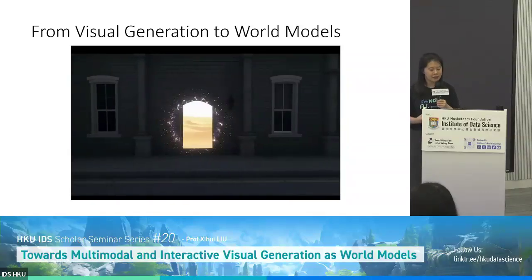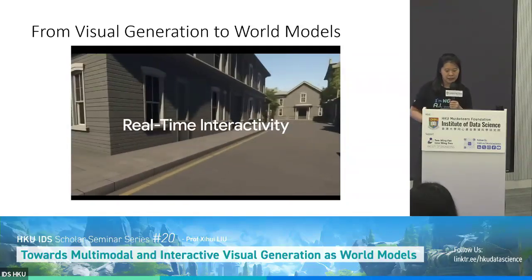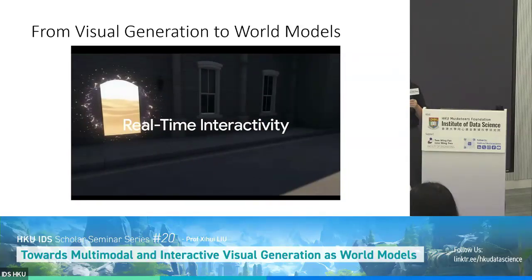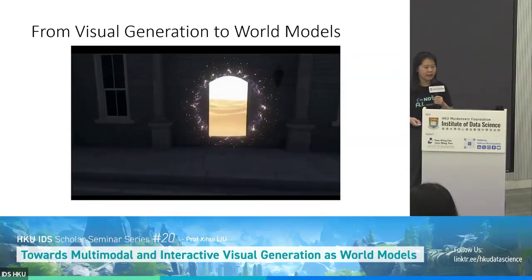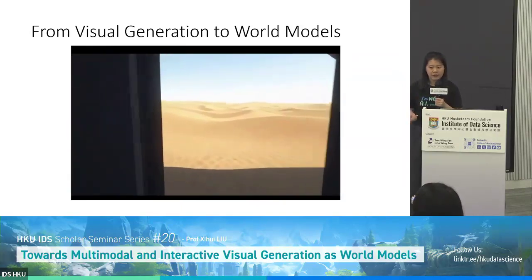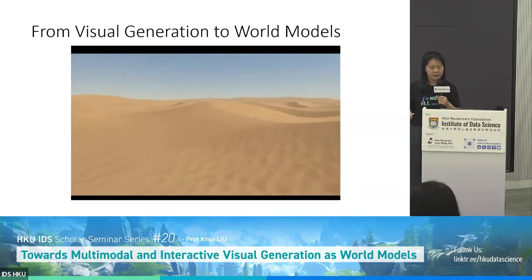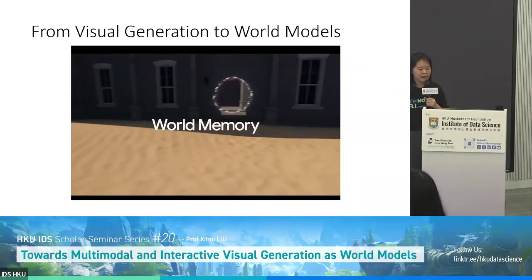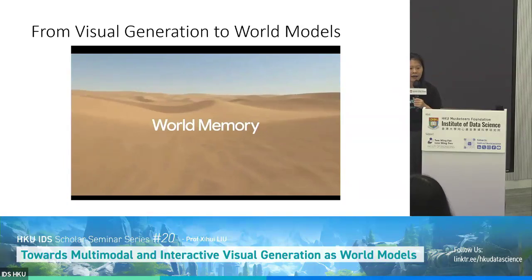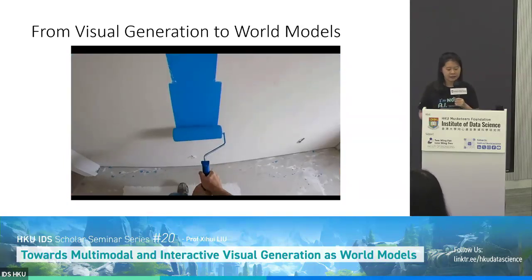As shown in this video, users can not only use a text prompt to generate videos, but they can also interact with the generated videos in real time, like with keyboard or mouse, and also with text prompts and other actions.